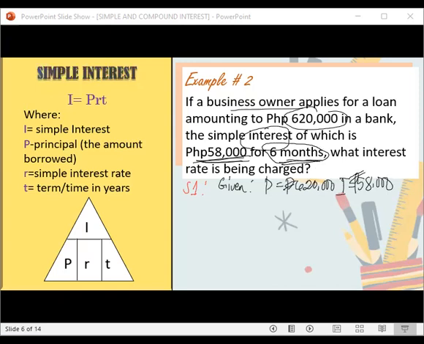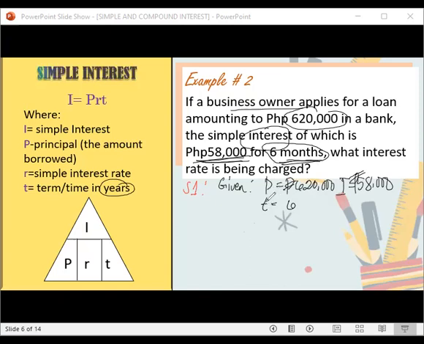Next one. Ito namang 6 months. So, what is the 6 months? It is the time or term. Now, ang sabi kasi dito sa term ay in years. So, dapat in terms of years siya. Ang nakalagay sa problem natin is months. So, ano po ang gagawin natin doon? Ang gagawin natin doon ay i-convert yung months into years.